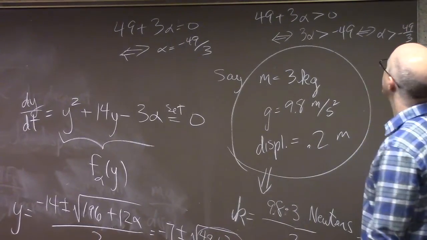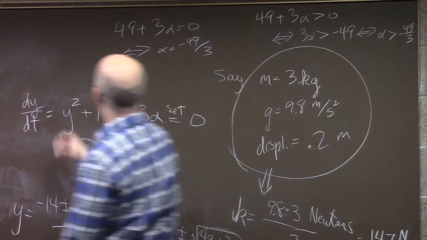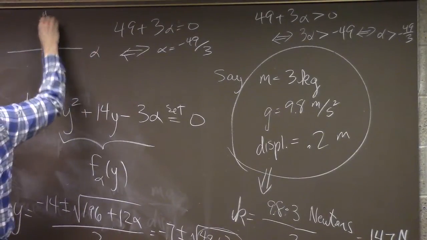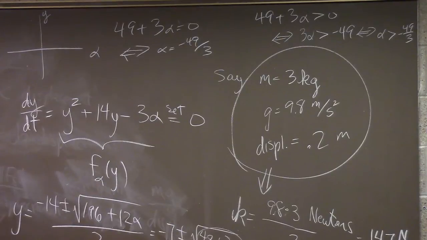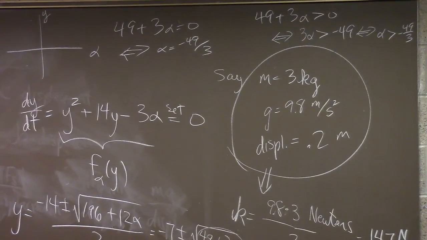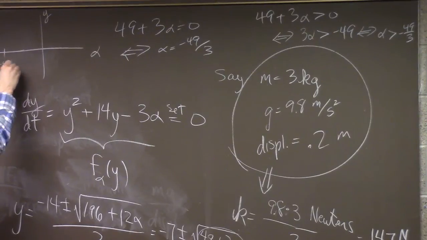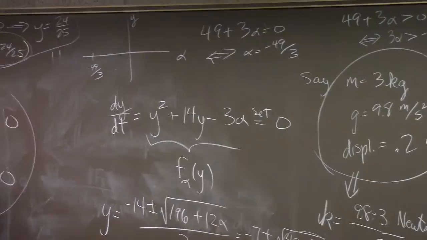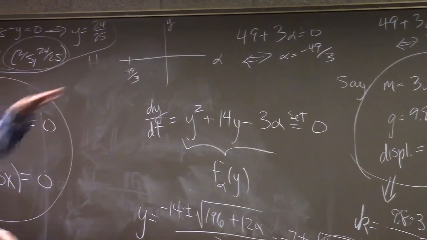So, in the bifurcation diagram, you make the alpha axis horizontal and the y-axis vertical, because you're trying to make a bunch of vertical phase lines for different alphas. Negative 49 over 3 is over here. It's when alpha is bigger than that you're going to have 2. So your sideways parabola is going to open that way.